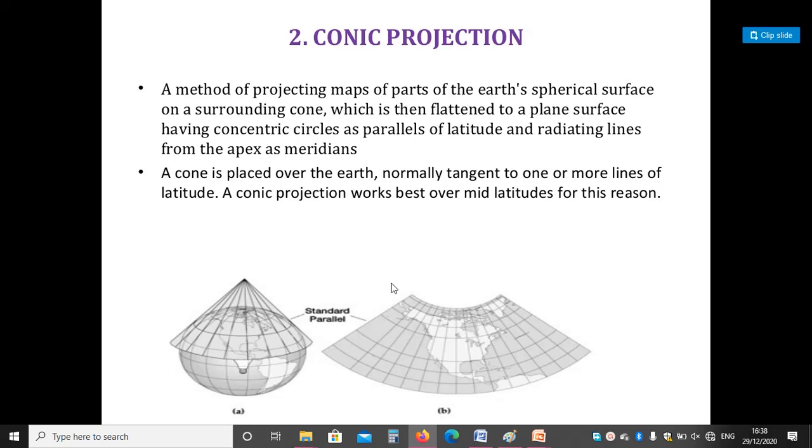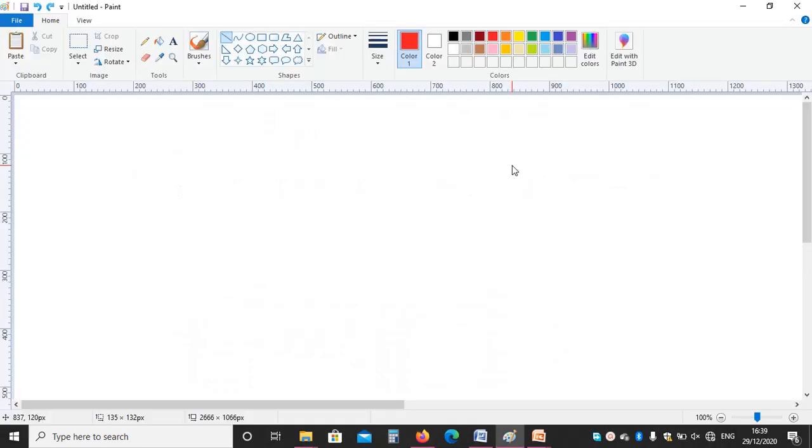we can talk about the conical projection. When we talk about the conical projection, for example, you have a circle. This is the earth surface.